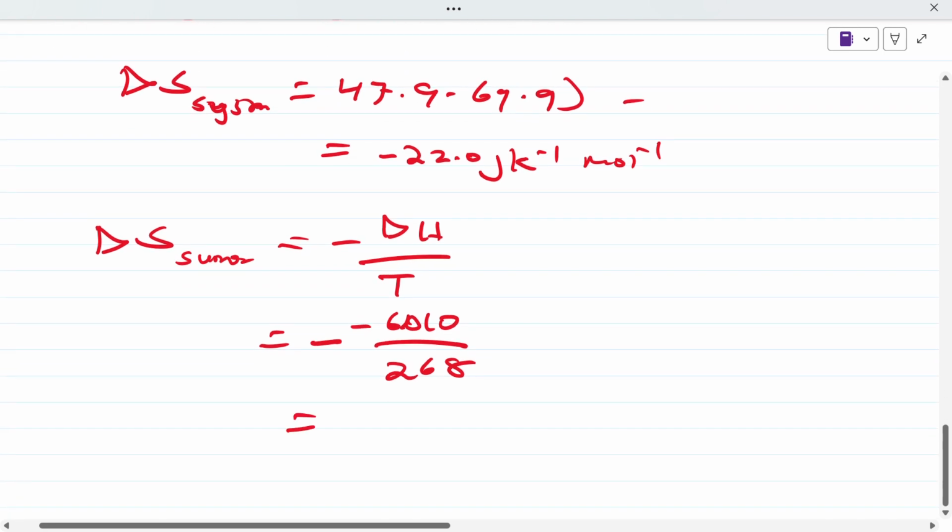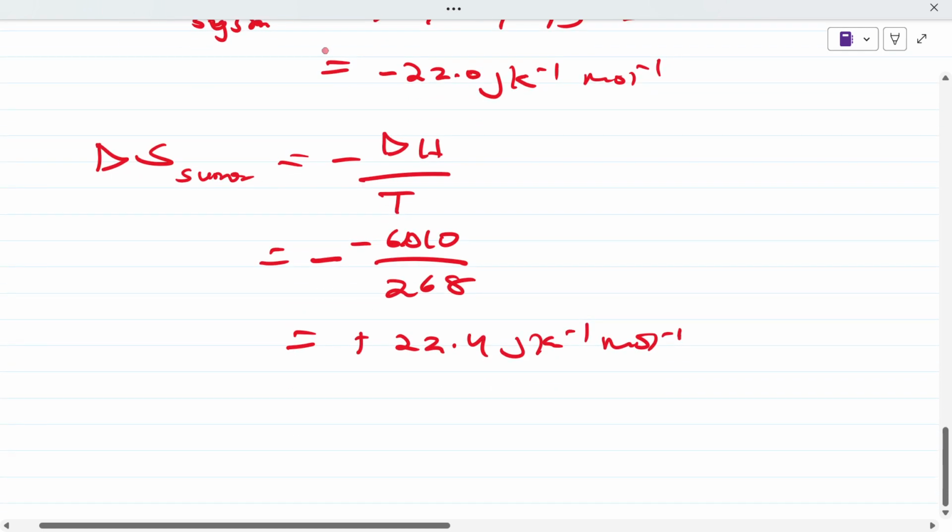So this one is going to give me plus 22.4 joules per Kelvin per mole if you do your calculation correctly. And delta S total for that given reaction at that temperature is going to be positive 0.4 joules per Kelvin per mole.